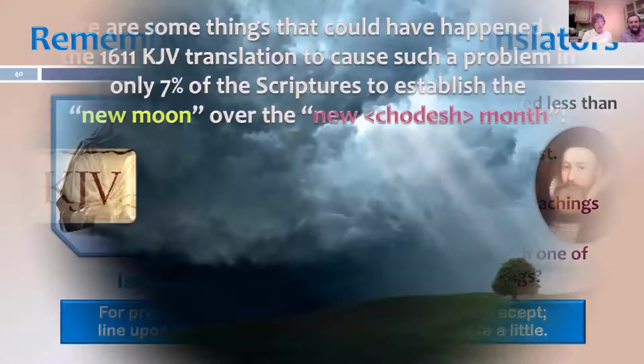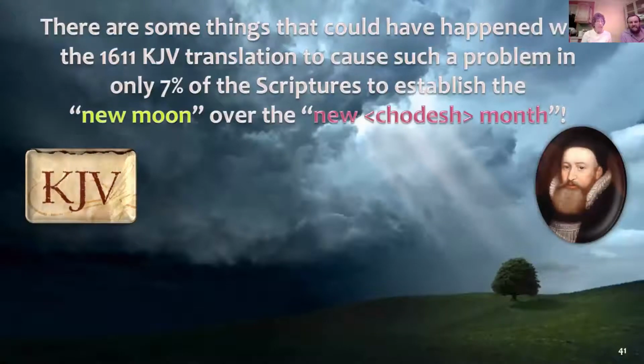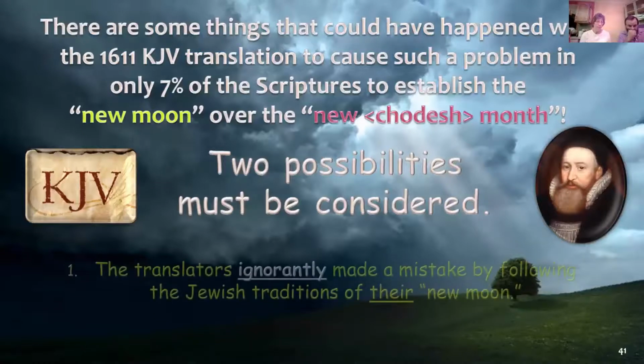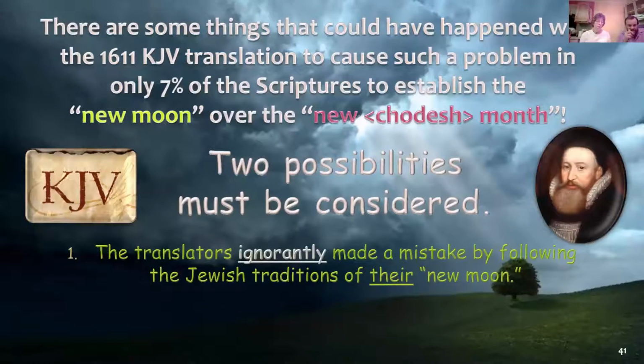Now, there are some things that could have happened with the 1611 King James translation to cause such a problem that only 7% of the scriptures would establish the new moon over the new Kodesh month. Two possibilities, and there could be more, but these are the two that I want you to consider tonight. Number one, the translators could have done this ignorantly.